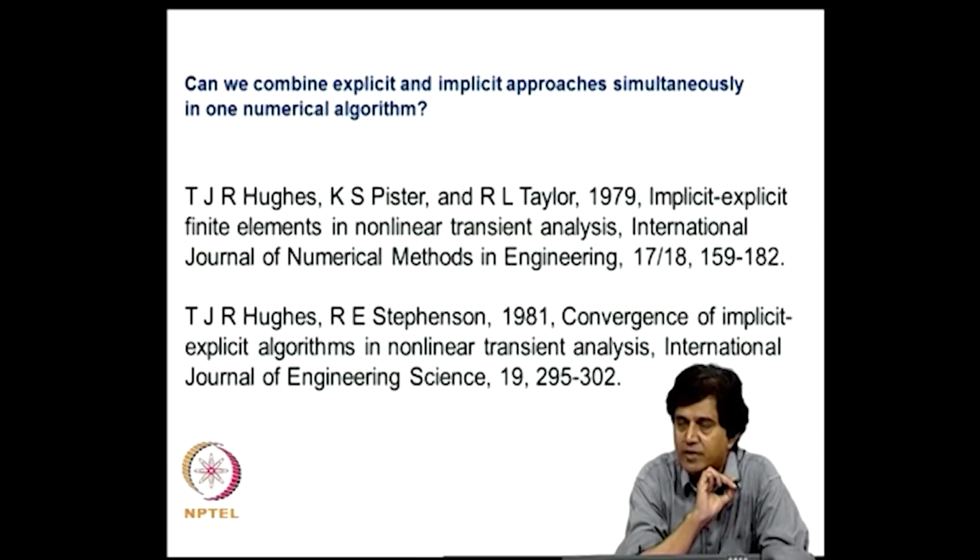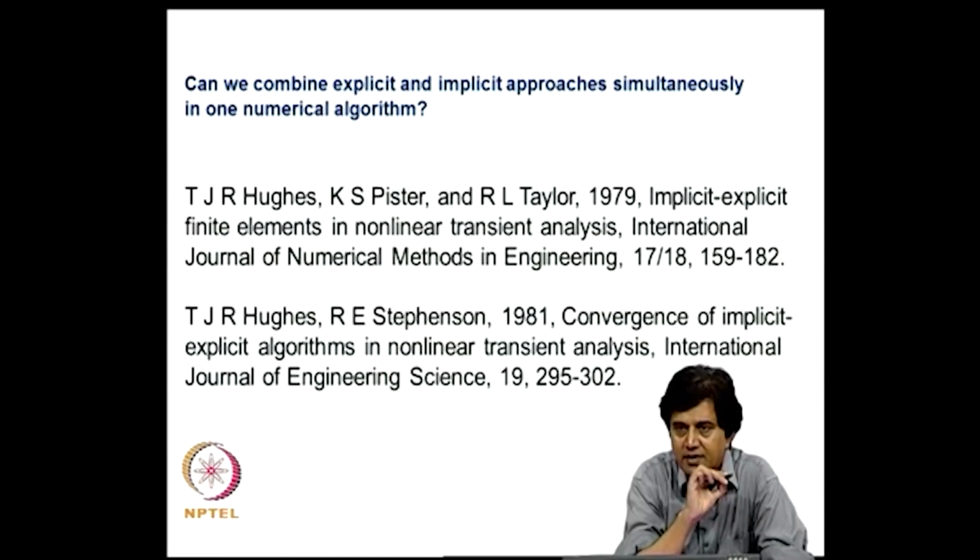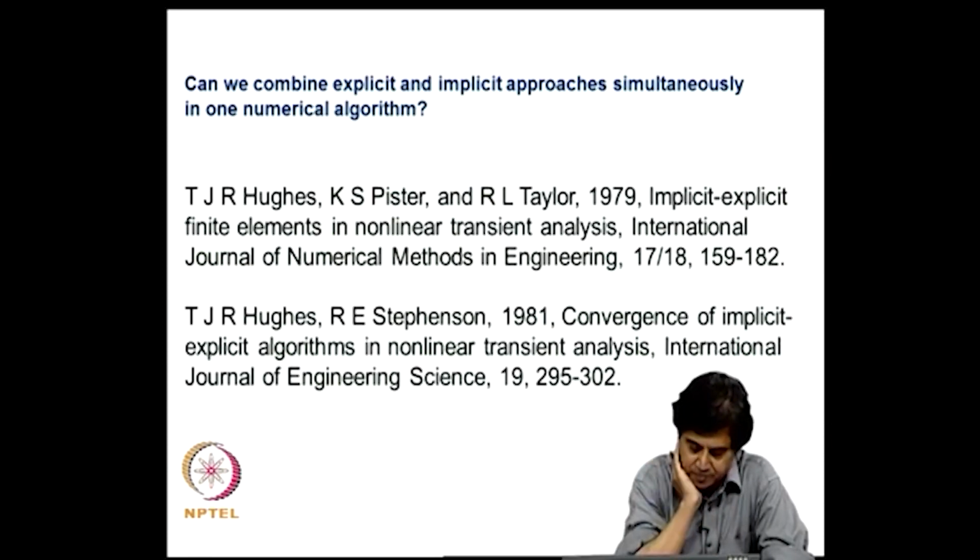For example, if you have a structural system in which there is local nonlinearity, where there is nonlinearity you could use explicit schemes, and where parts of the structure are linear, you could use implicit schemes. So, large step sizes could be used for certain parts of the system, and explicit schemes with smaller step size can be used for certain other parts.